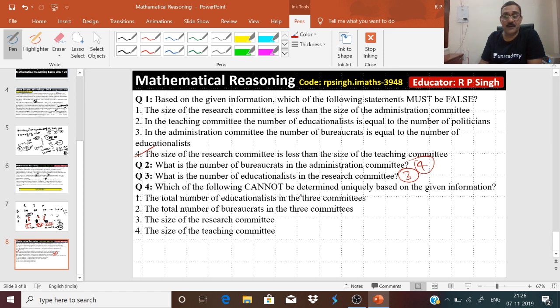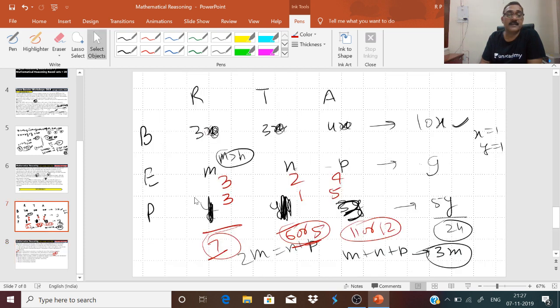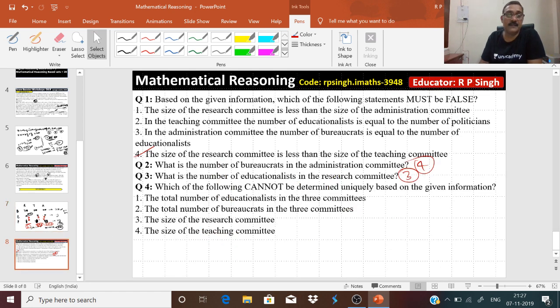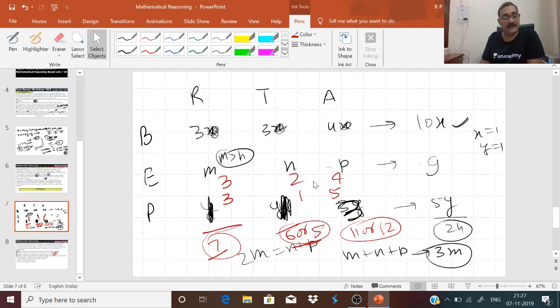And which of the following cannot be determined uniquely based on the given information? Total number of educationalists in 3 committees. No, it can be determined. Educationalists in 3 committees, 3 times 3 is always 9. So the total is determinable. Total number of bureaucrats in 3 committees, obviously as it is 10, it is determinable.